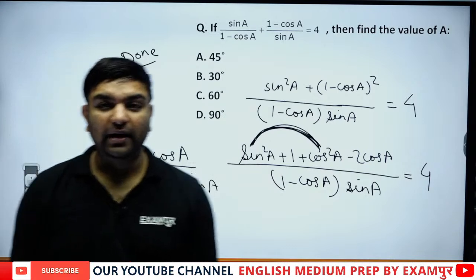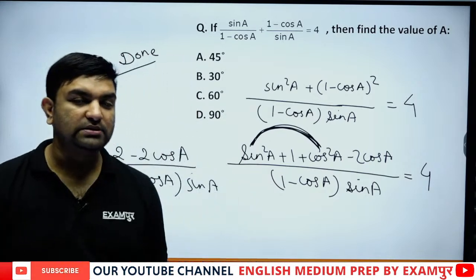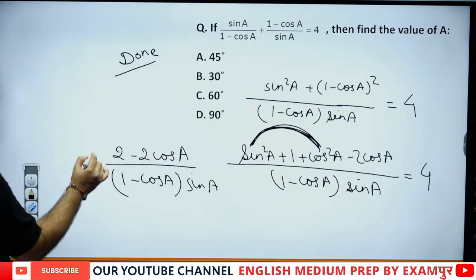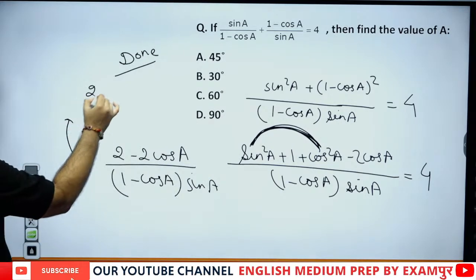You can take 1 minus cos A common from the numerator as well.